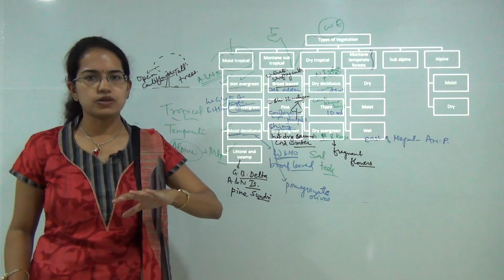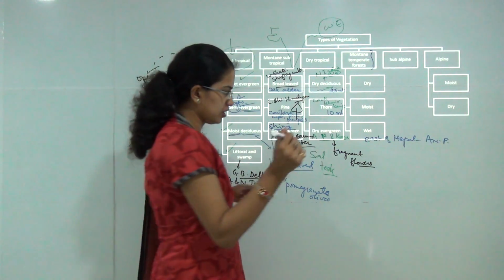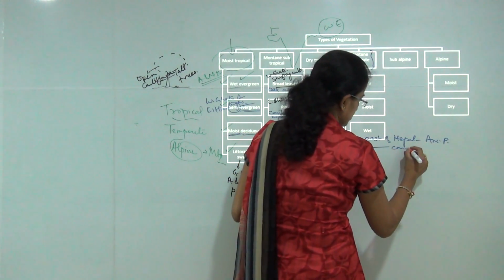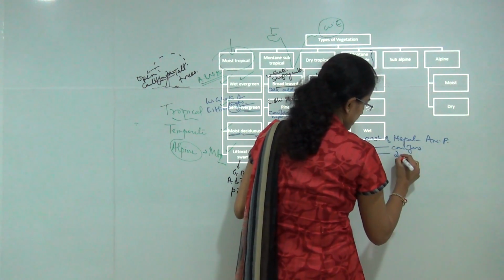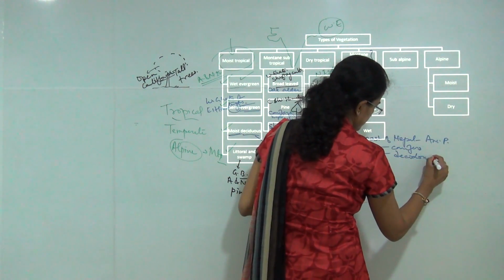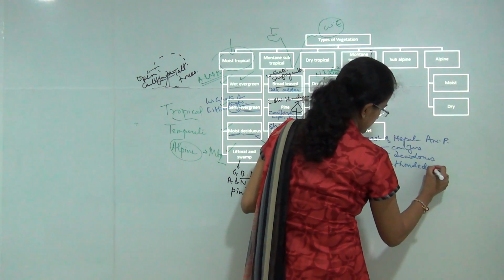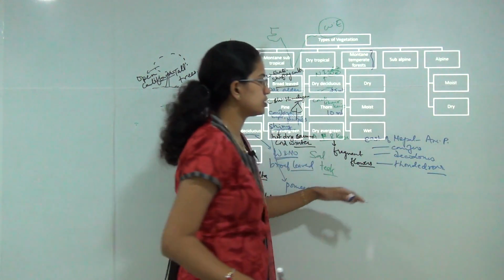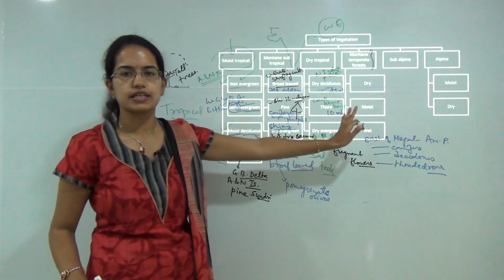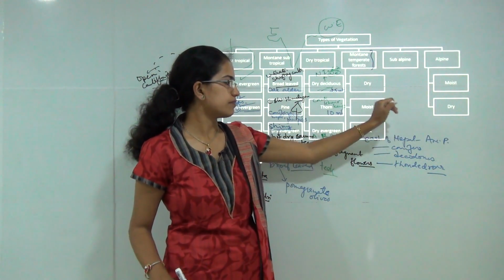From north to south, the northmost layer is conifers, the next layer is deciduous, and the last layer is rhododendrons. These are the three layers of arrangement in the wet temperate forest.